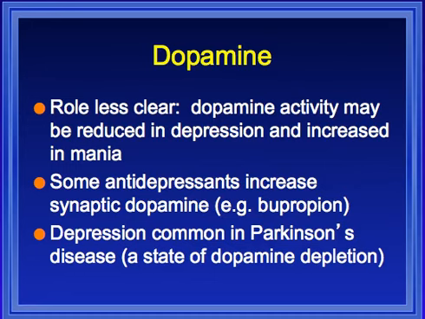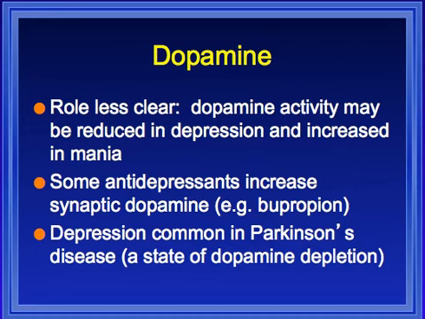The role here is less clear. Dopamine activity may be lower in depression but increased in mania. There are some antidepressants that increase levels of synaptic dopamine, bupropion being the main one, and via inhibiting reuptake of norepinephrine and dopamine in those neurotransmitter systems, again you get alteration in receptors and second messenger systems that lead to improvement in mood.